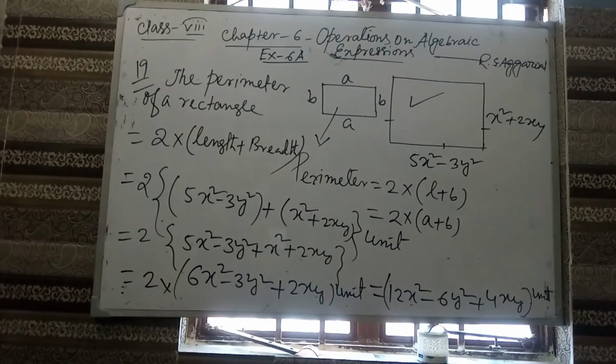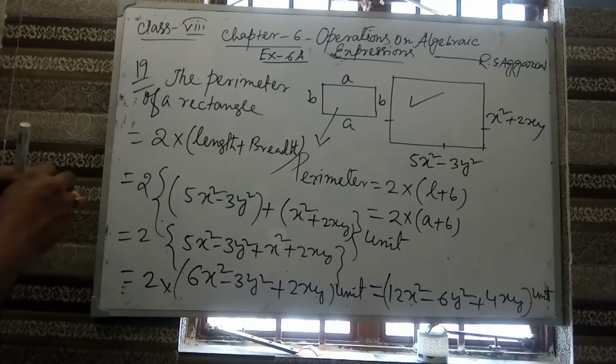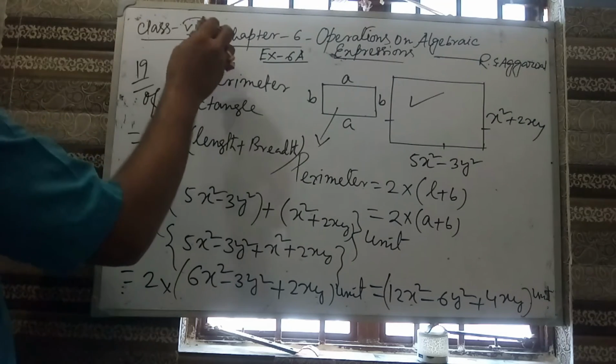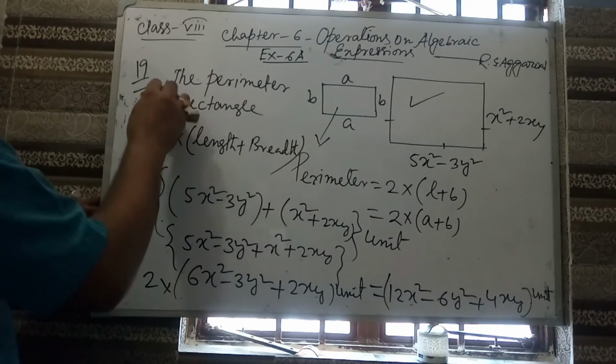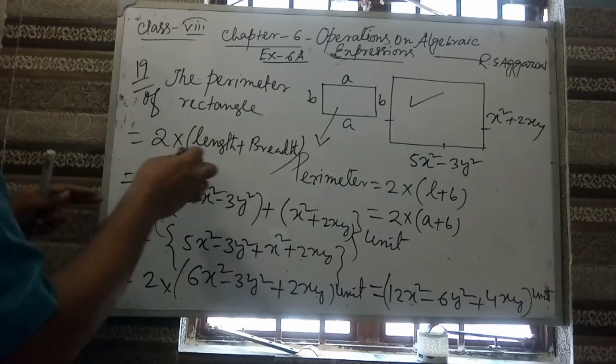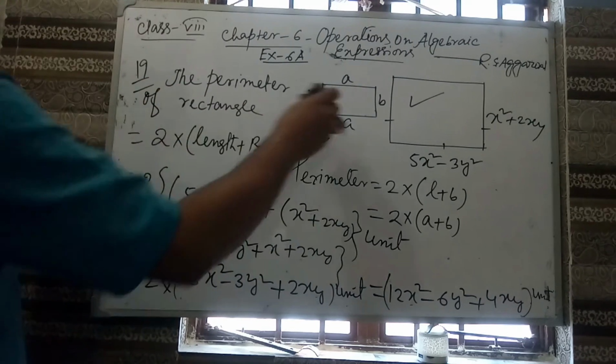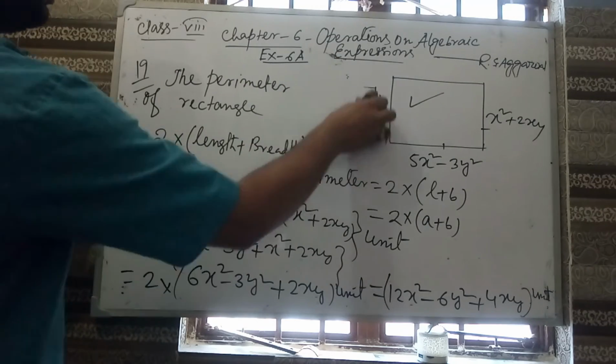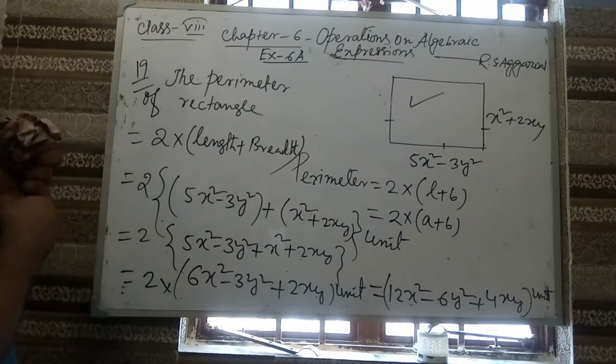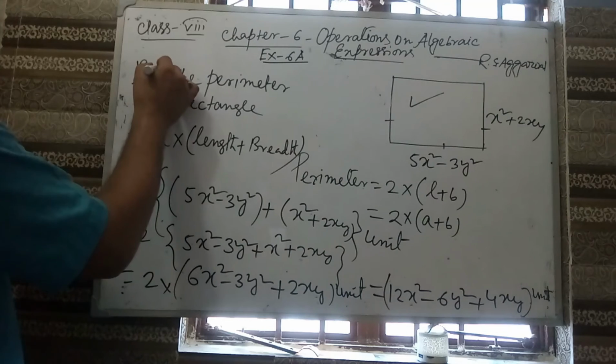Okay, write down the answer line. Therefore the perimeter of the rectangle is this one. I am making this one as the answer line.